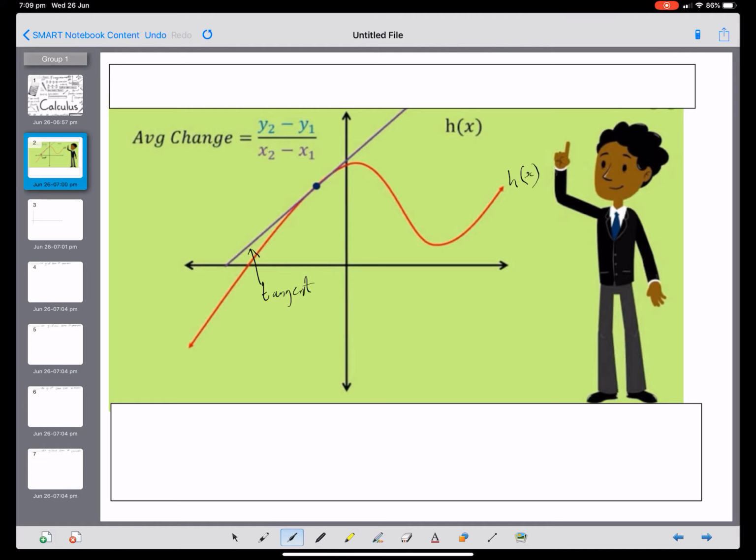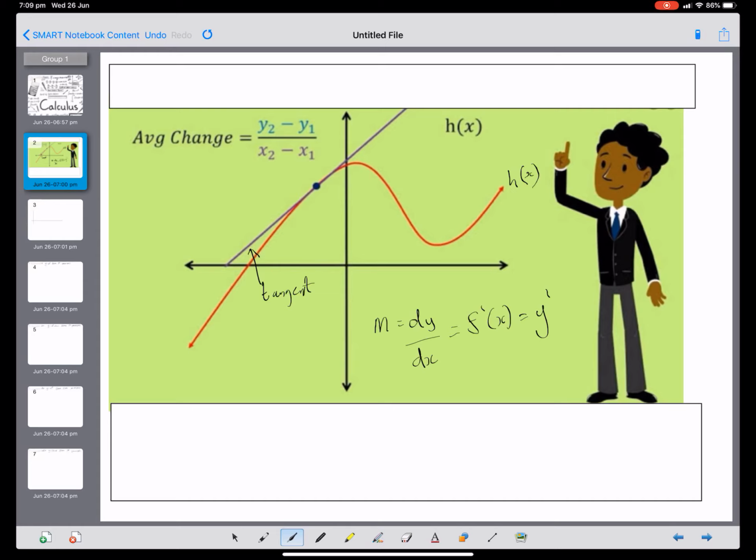Now calculus is a little bit more sophisticated than just drawing tangents to curves. We can derive a formula to find the gradient at any point along the curve, and we refer to the gradient, which is usually referred to as m, as dy dx, or if we're dealing with functions, f dash of x, or simply y dash.